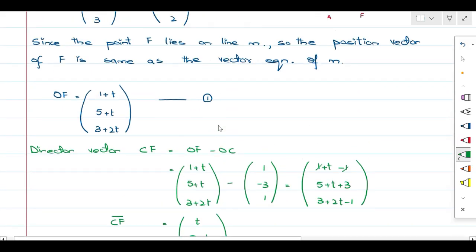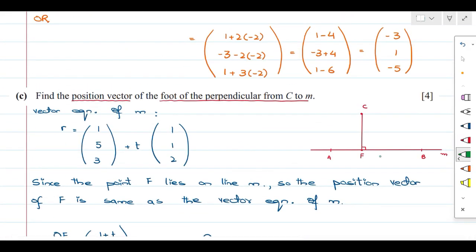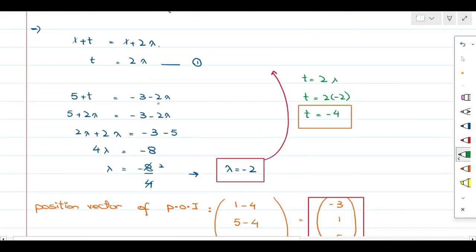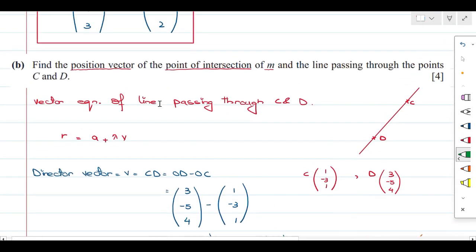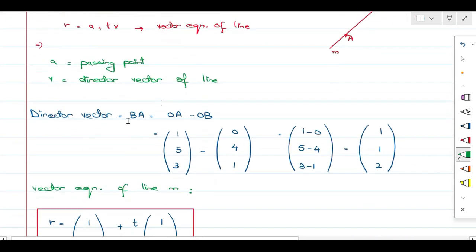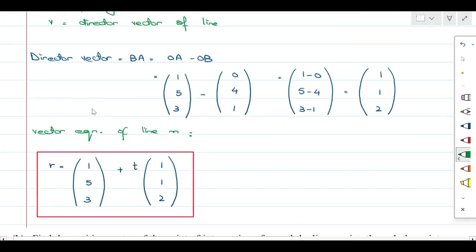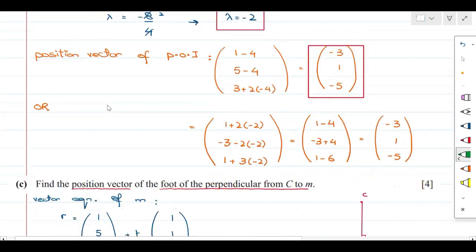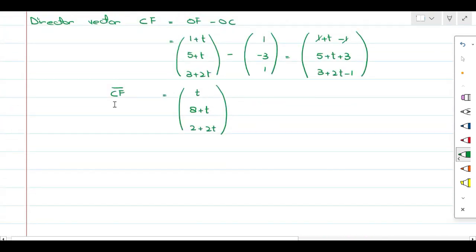This is the direction vector CF, and we have done the direction vector AB or BA in part A. Direction vector BA is 1, 1, 2.